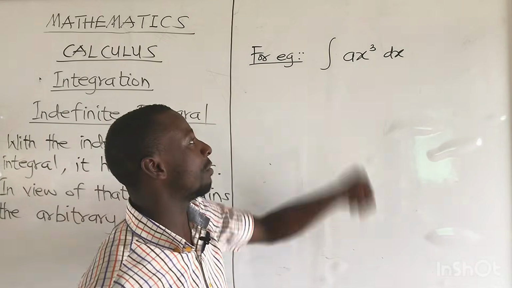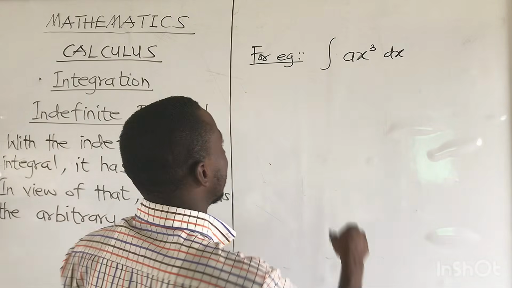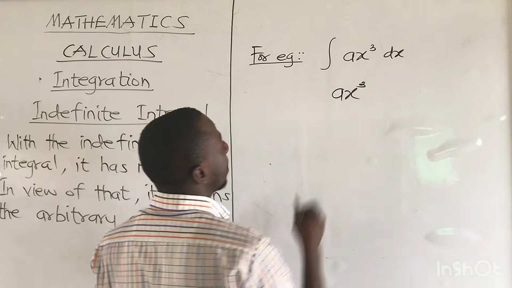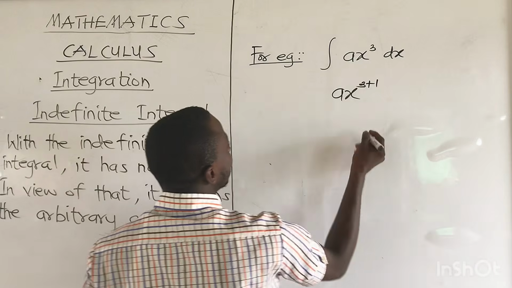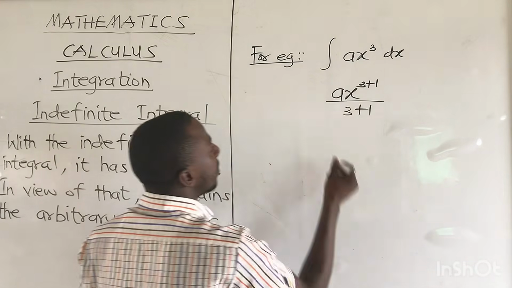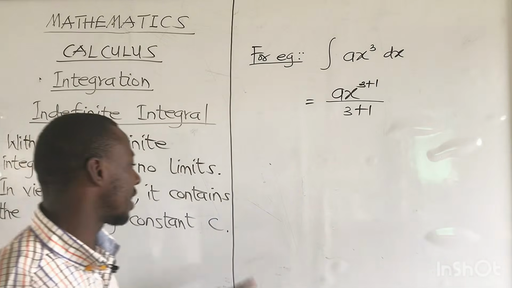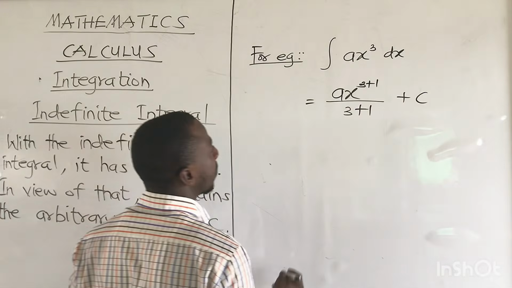So let's say if a question like this is posed to you, then you are just going to repeat the term given, then you add 1 to the exponent, then the same exponent here will be repeated in the denominator. Then you don't forget to add the C, which is the arbitrary constant.